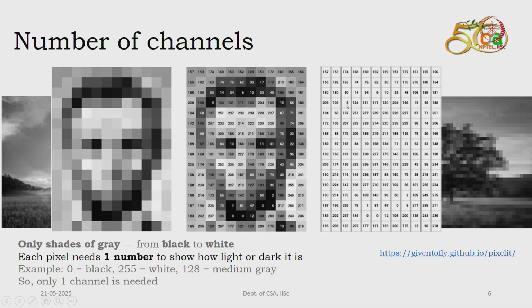This particular pixel value is more towards black, therefore the number is closer to 0, which is 5. Now, let us take another. If you take this particular pixel value, this is more white in color, more towards white. White is represented with the value 255. Therefore, here the number is 251, which is closer to 255. Now, let us take an intermediate value.